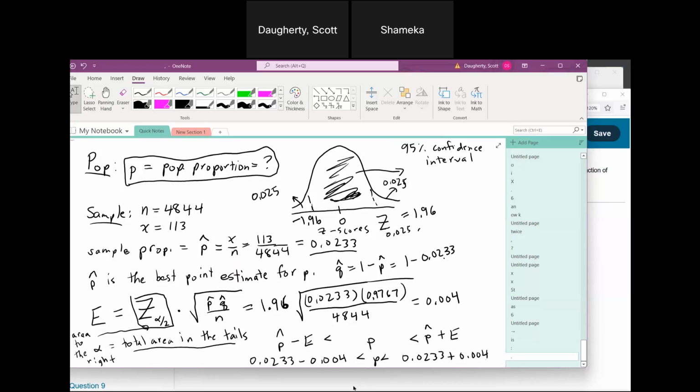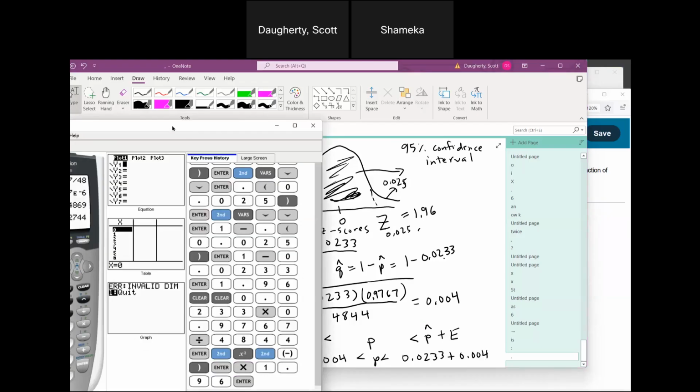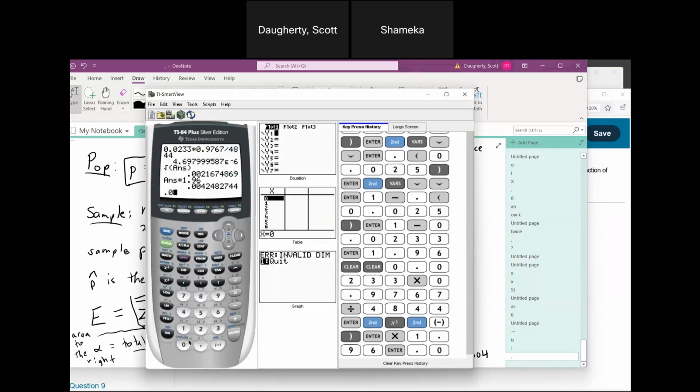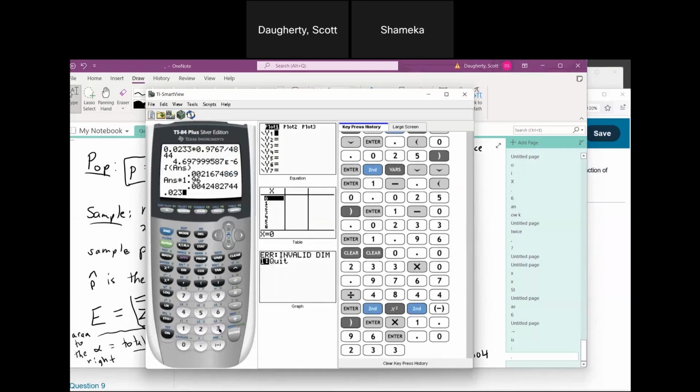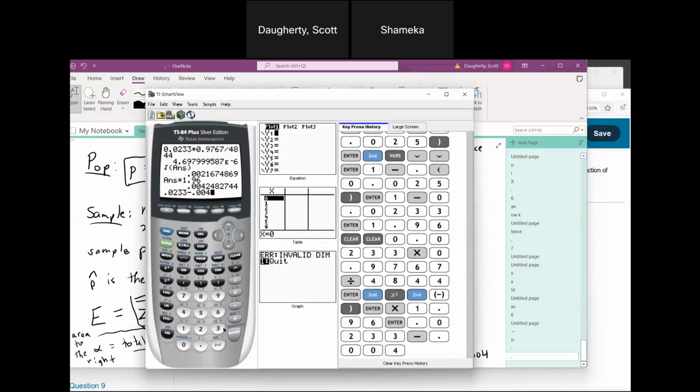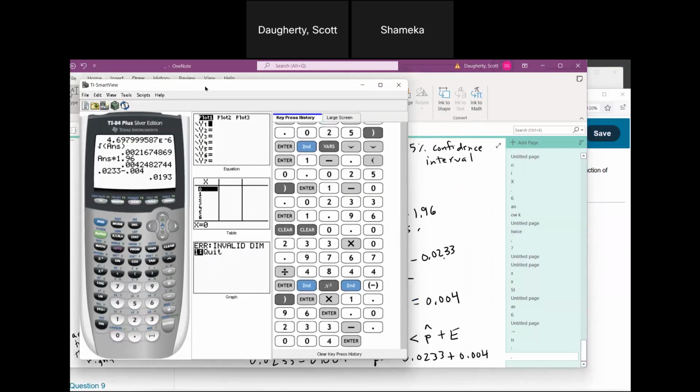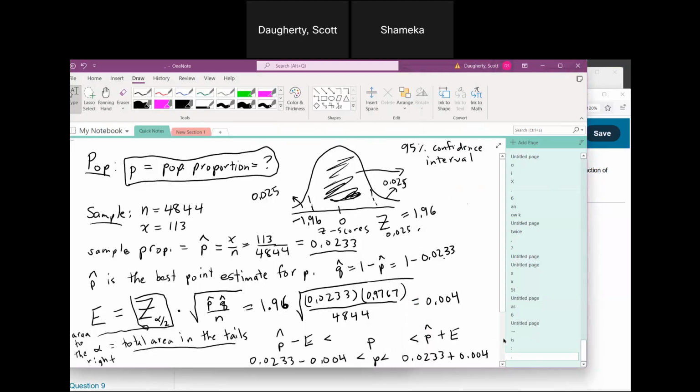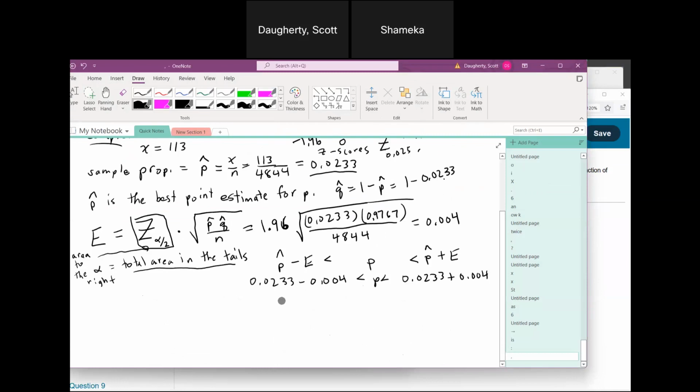So let me just see what that is real quick. 0.0233 minus the margin of error, 0.004. On the low end, it's 0.0193. And on the high end, if you add those, it's going to be 0.0237.